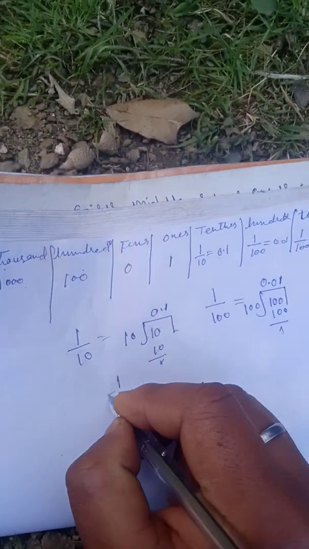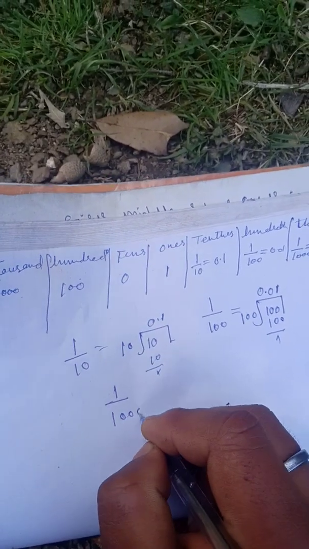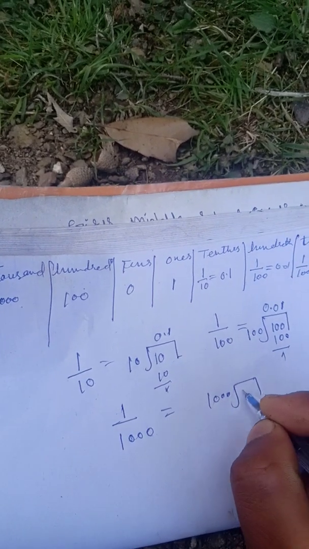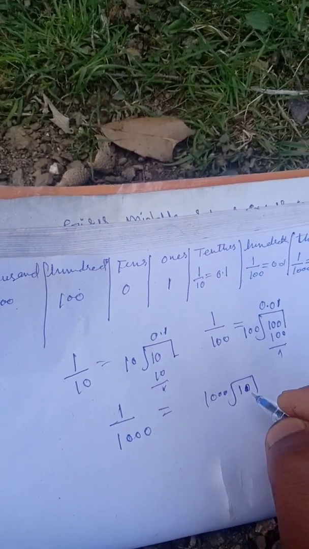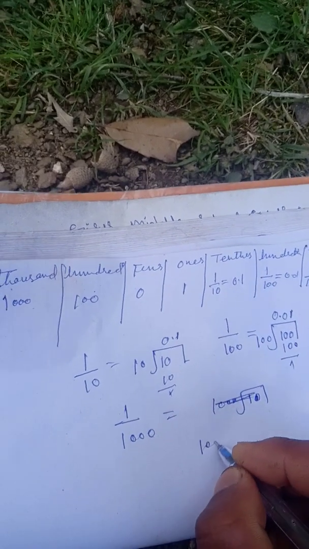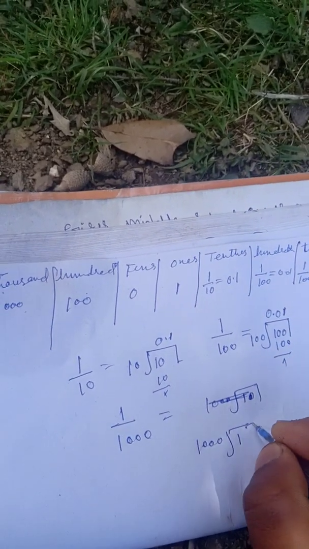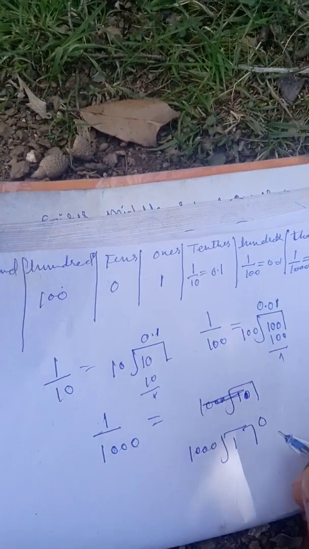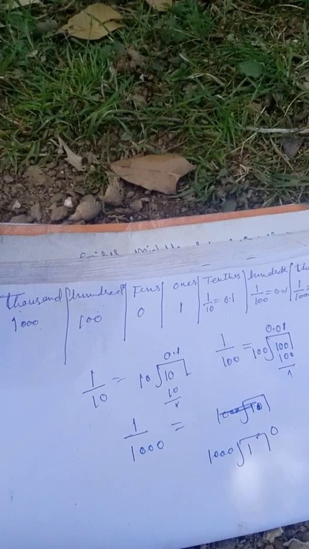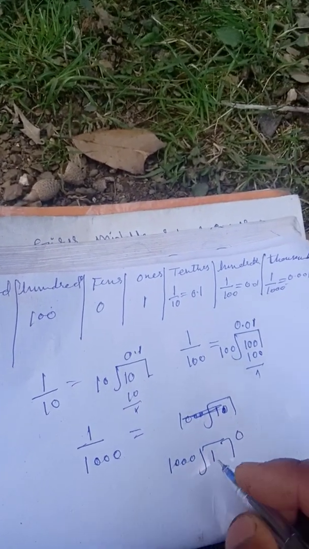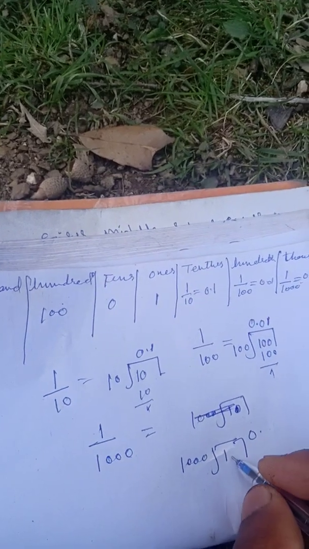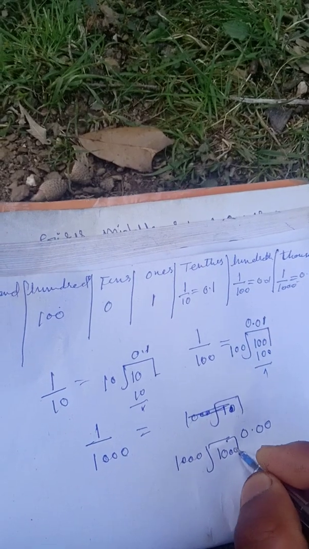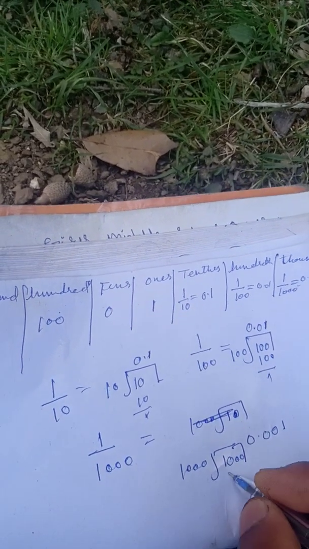So students, 1 upon 1,000 equal to, write the denominator outside the box and the numerator inside the box. Students, take a 0 just like the example above. So 0.0 here, 0 and 0 here, 0 and 0, thousand ones are thousand.